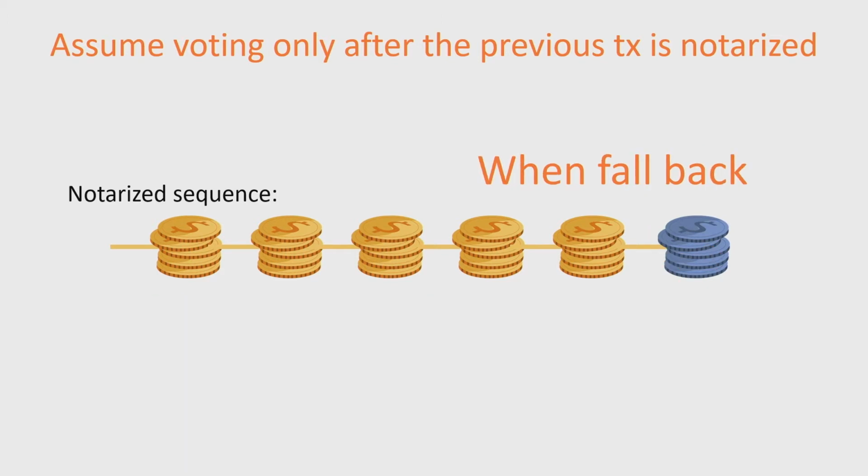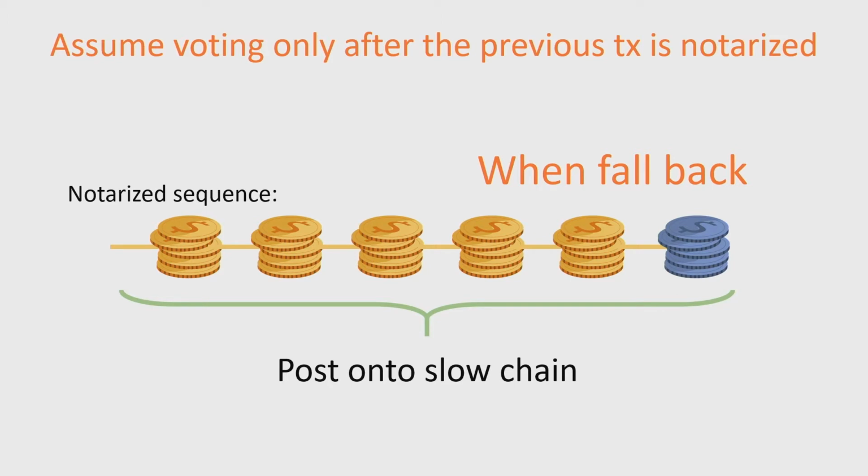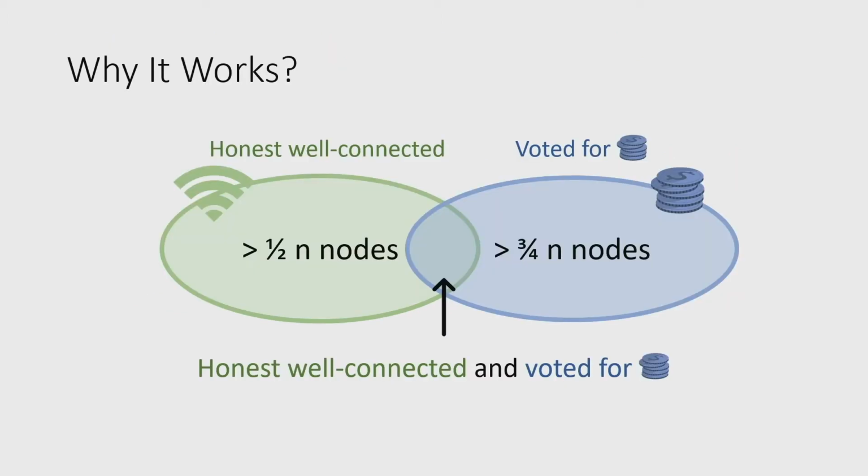And when we fall back to the slow chain, we actually put all of the notarized transactions down to the slow chain. So there are only two simple steps to make this protocol partition tolerant. So why does this work? It is still a very simple application of the pigeonhole principle.